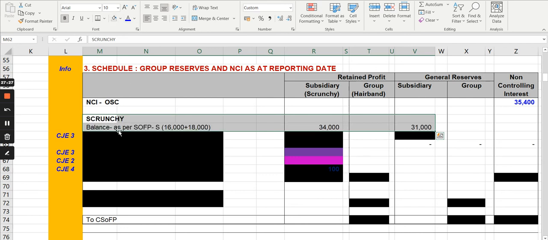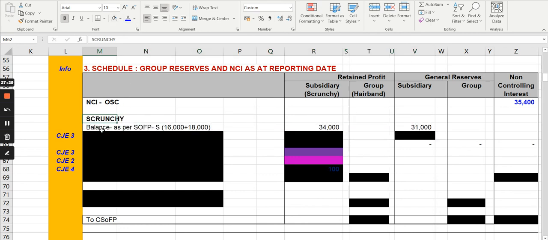Put the balance, we start off with the subsidiary. Put the balance as per the statement of financial position, the one given in the statement of financial position. For Scrunchy, the subsidiary, and make sure that you have put the correct column. One column for subsidiary retained profit, one column for group retained profit, one column for subsidiary's general reserve, another one for the group, or the group is actually the Hairband.